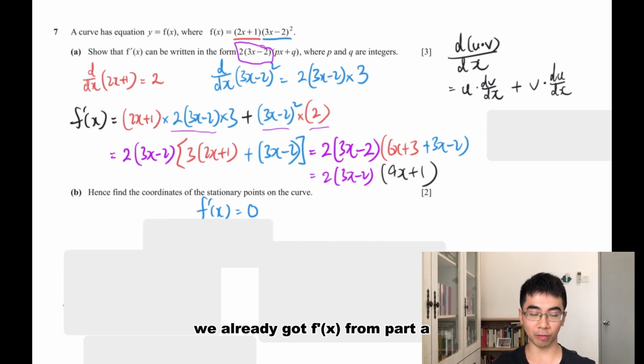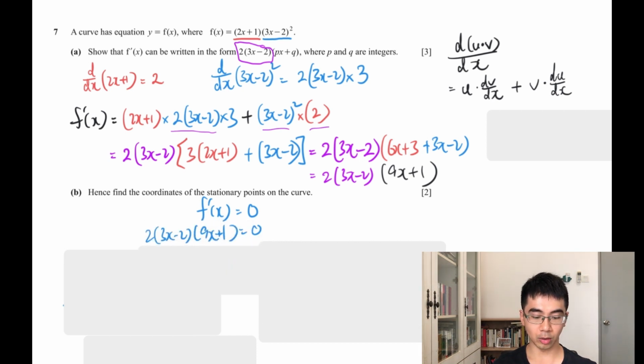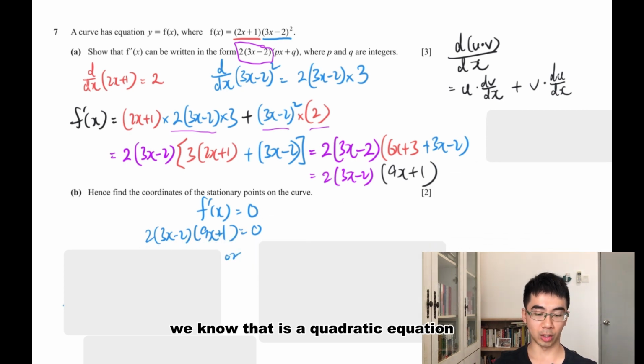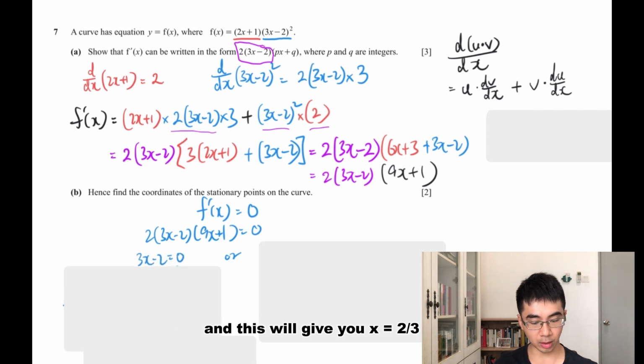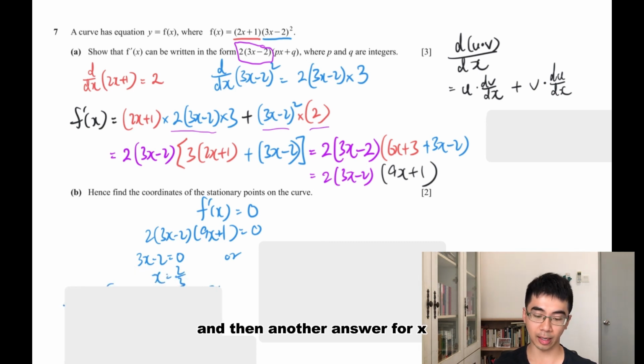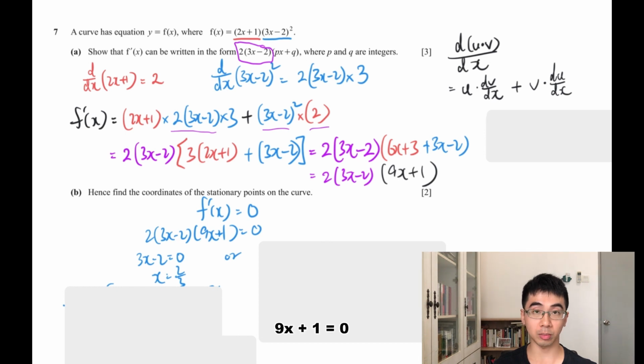So we just take f prime of x from part A and substitute it in, the whole thing will be equal to 0. And then we know that it is a quadratic equation. Each factor should be equal to 0. So it will give you 3x minus 2 equal to 0, and this will give you x must be 2 over 3. Another answer for x is when 9x plus 1 equals 0, and x should be negative 1 over 9.